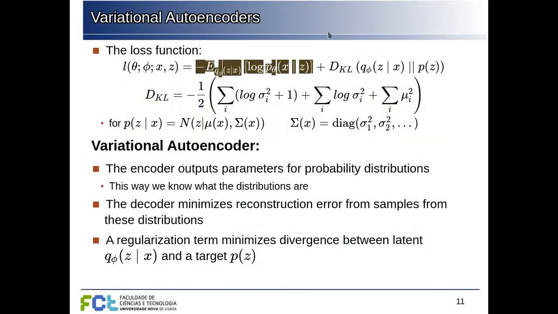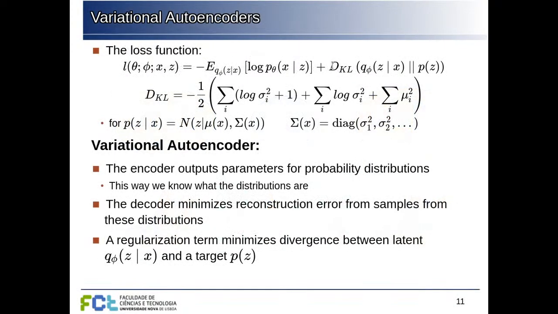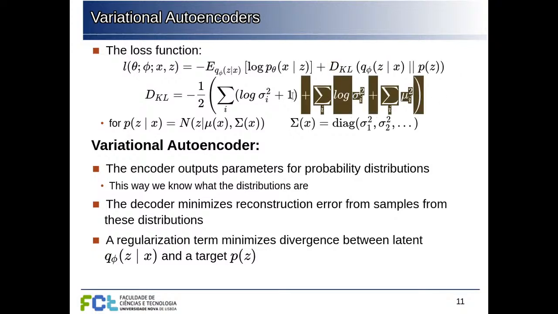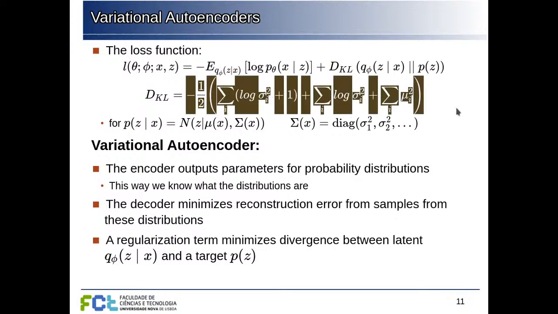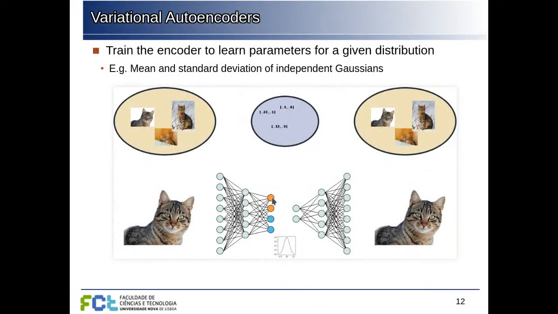This term is the reconstruction term, so the difference between the output and the input. And this regularization term here, that in this case, when we use these independent Gaussians, we'll have this expression, is just to make sure that the probability distributions we are getting here, these parameters, are as close as possible to the Gaussian with mean 0 and standard deviation of 1 that we want to use as a template.